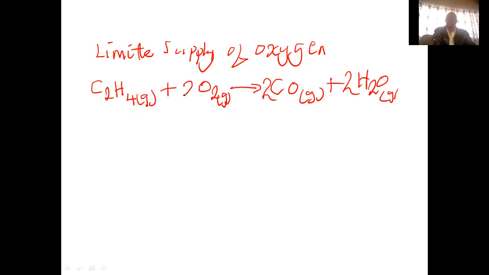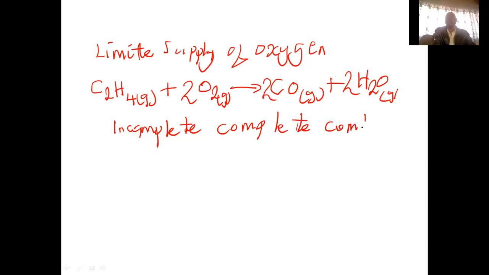So it means that we need to put a 2 here. And this is an incomplete combustion reaction.